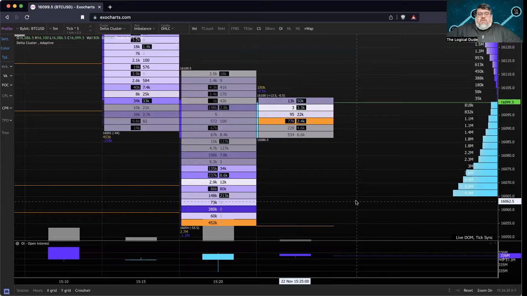So this gives you a really good way to find entries and exits. You can see where these moves are being exhausted, where things are getting bought up, where things are getting sold off. Because that's all these markets are, just supply and demand. That's really all it is. If you don't have anybody buying at one price, the market's going to move until it finds where people are going to want to buy and sell.